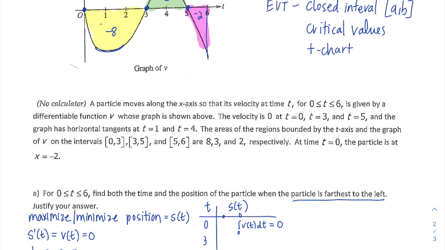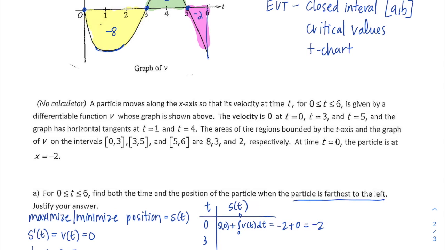So if I want to do the position, I should start with s of 0 plus the displacement. So here's what that looks like. s of 0 is negative 2 plus the displacement of 0, so negative 2. That's the position of the particle at time 0.